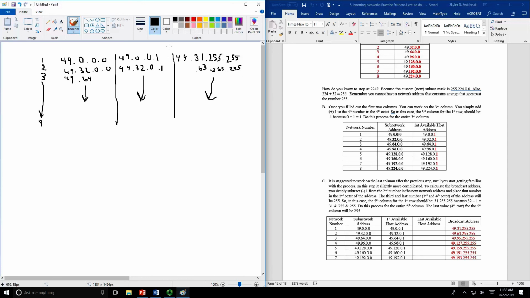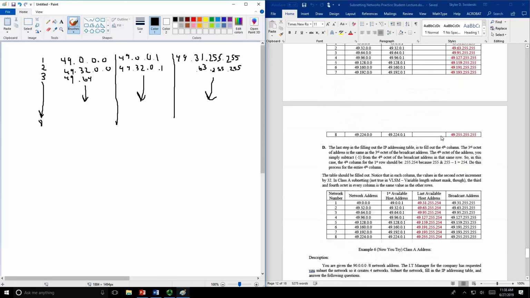And in the fourth column, you simply subtract one from the last quadrant here.